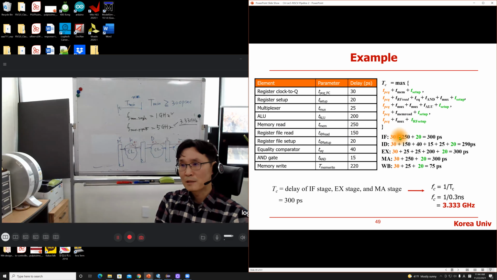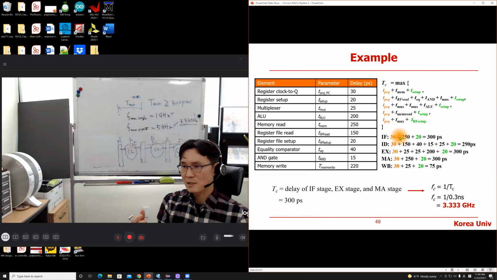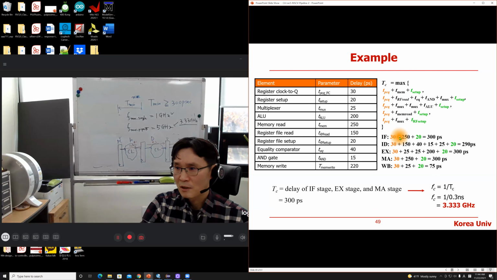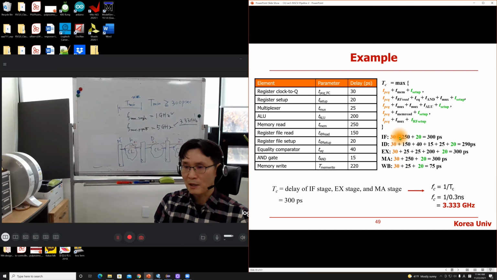So in computer systems, the memory access delay is taking very long, super long. That is why we have a special memory inside the processor called cache.